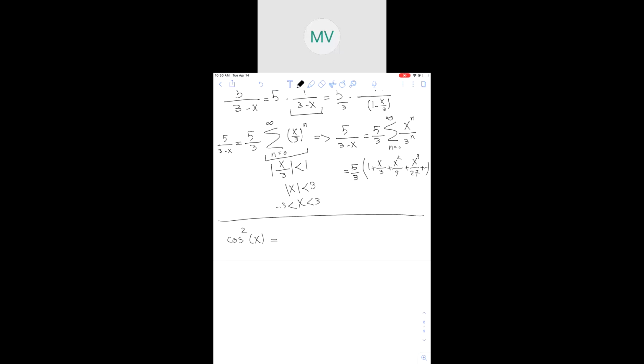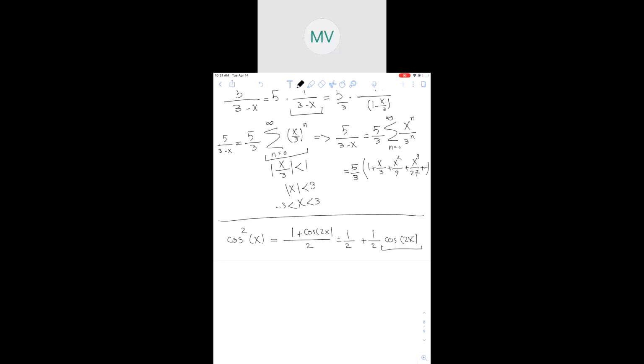So first you want to figure out if there's an identity that can relate the second power of cosine to maybe the first power of cosine. Is there one? Yeah, exactly. That's what we do. So using the half angle formula, this is 1 plus cosine of 2x over 2. Or indeed, it's half plus half cosine of 2x.